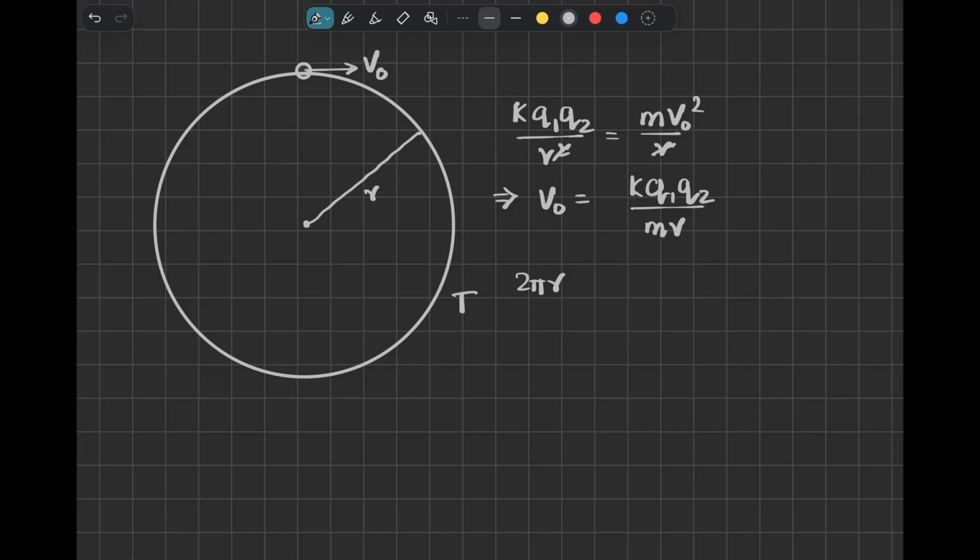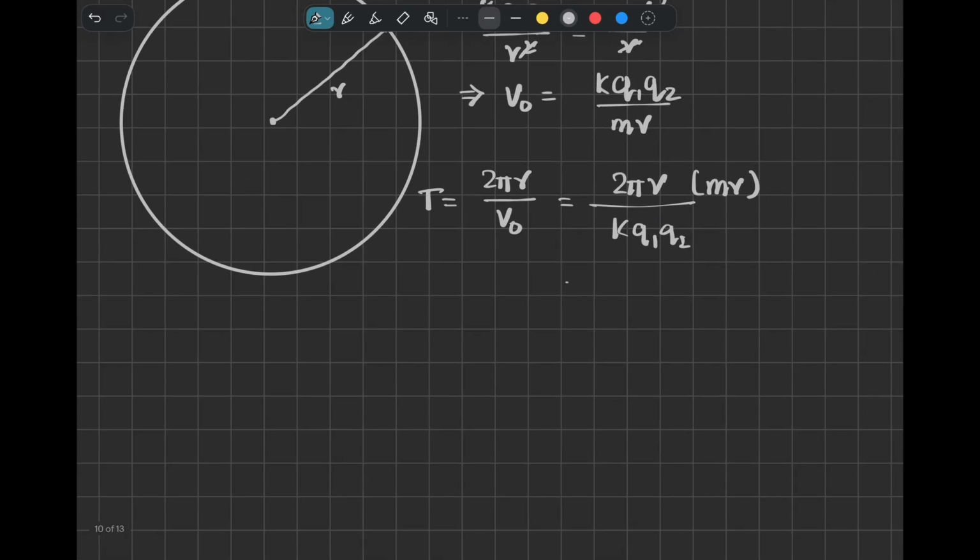So for T I am writing 2 pi r by V naught, that is 2 pi r by root of K Q1 Q2 by mR. So my answer comes to be 2 pi root of mR cube by K Q1 Q2. K value is 1 by 4 pi epsilon naught here. So this comes to be our answer.